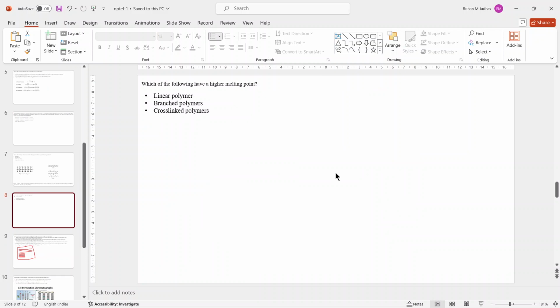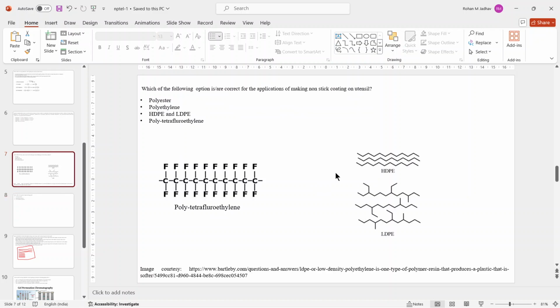Next, we have: which of the following has a higher melting point? Like I said in the previous example about thermosetting and thermoplastic polymers, cross-linked polymers, or the thermosetting polymers, will definitely have the highest melting point. Now, among the linear polymers or the branched polymers, you can see the example right here. In HDPE, we have straight chains, and in LDPE, we have some branching.